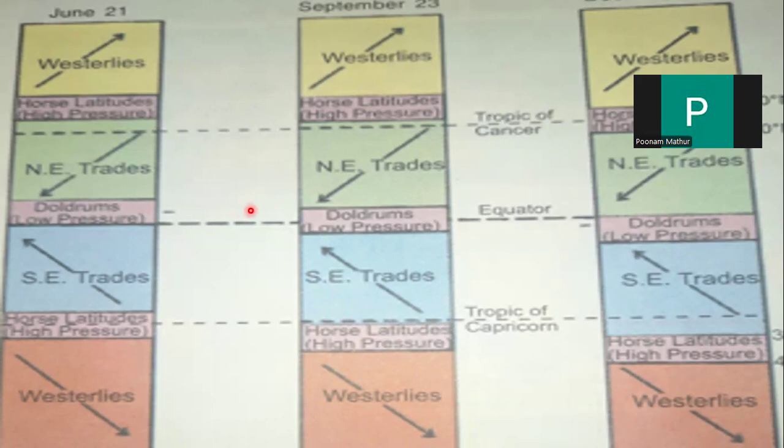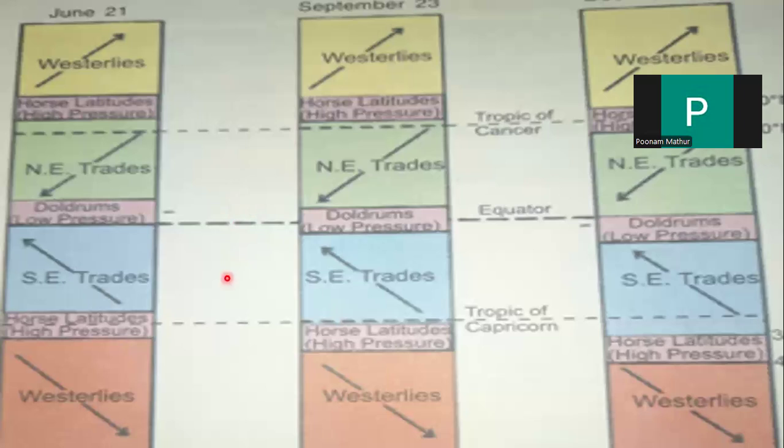So this causes all pressure belts except the polar high pressure belt to change their position with the northward and southward migration of the sun.